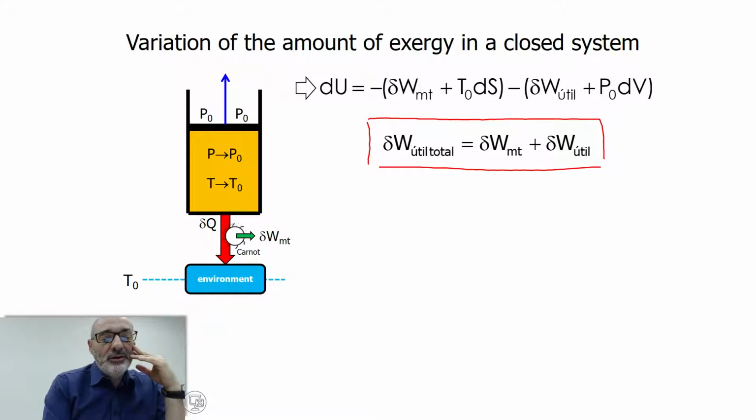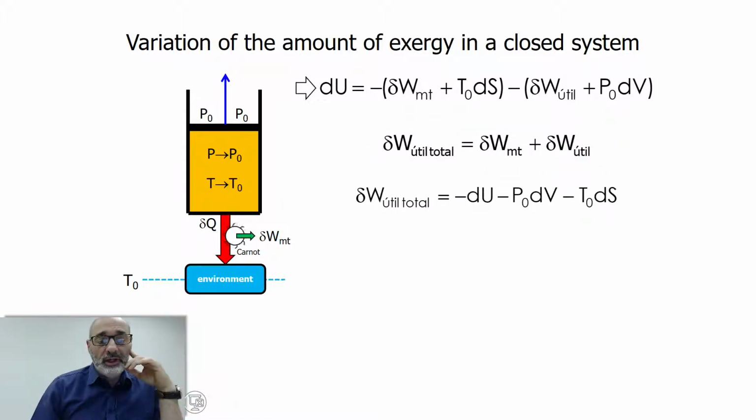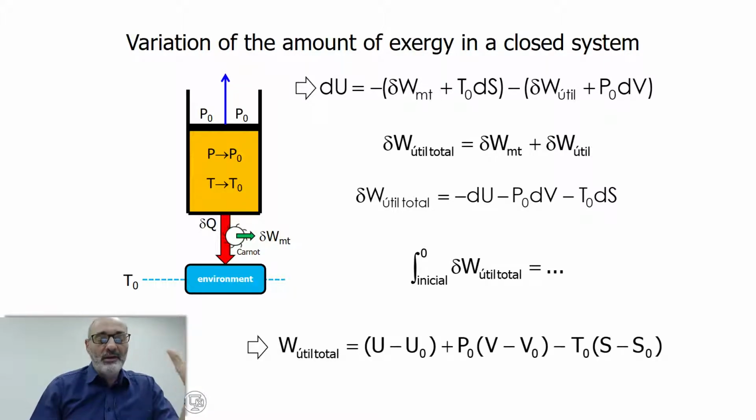The total useful work equals the useful work obtained from the heat flow plus the useful work associated with this force here, which raises Homer Simpson, okay? So we get that this is minus dU minus P0 dV minus T0 dS, okay? And if we integrate this, we obtain this formula here, okay?